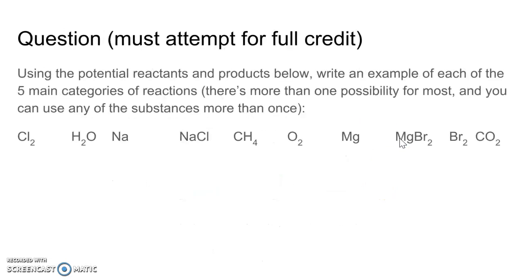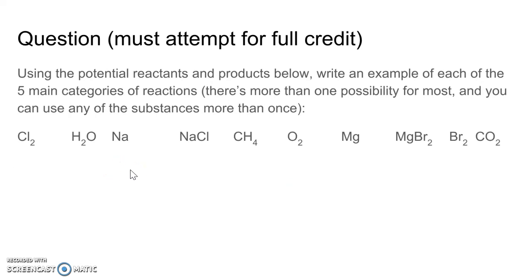So for the last thing, for your question that you need to attempt, there are 5 different main categories of reactions that I've reviewed in this video: single replacement, double replacement, combustion, synthesis, and decomposition. Well, I've written out a bunch of different reactants and products. Write an example of each of those different types of equations using these reactants.